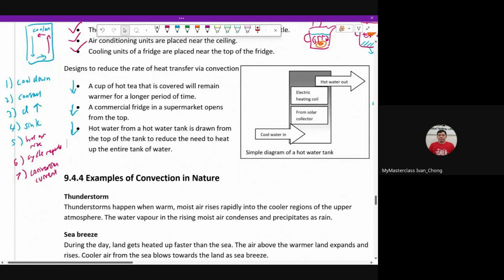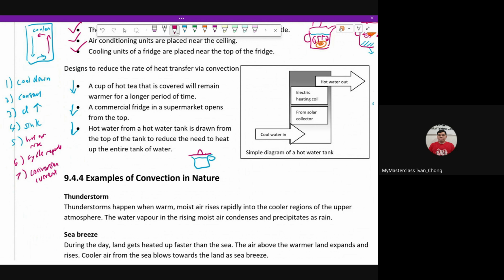Okay, so sometimes you have a cup of hot coffee. You have hot air at the top gaining heat, and you form convection currents cooling down your coffee. So you don't want that to happen. All we can do is place a lid on top.